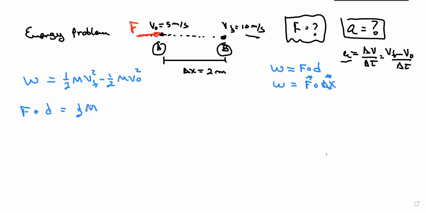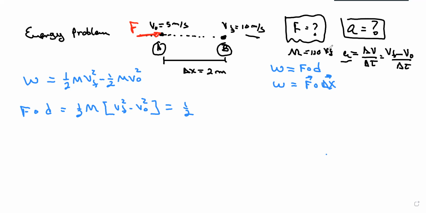So the force times the distance is going to be 1/2 of the mass, and we can factorize the mass right here. It's going to be final velocity squared minus initial velocity squared. Let's give you a mass. The mass of this particle is going to be 120 kilograms.